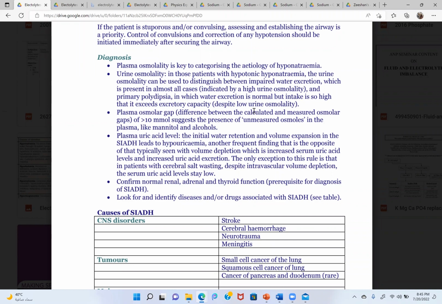Okay, so it will be leading to diuresis, because when there is less ADH, it will cause more water loss. Okay, so this came into my mind.